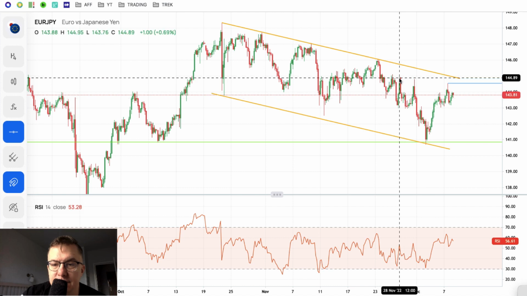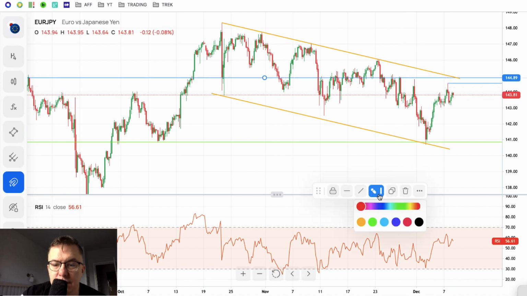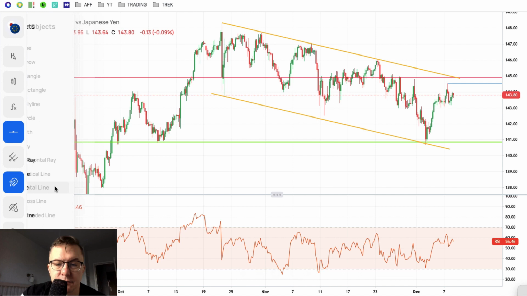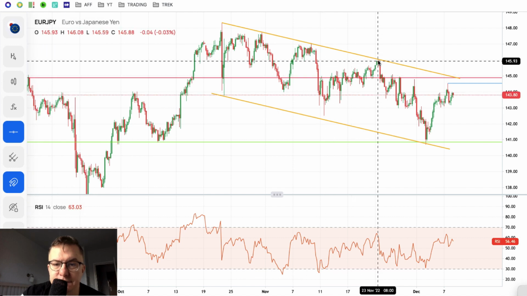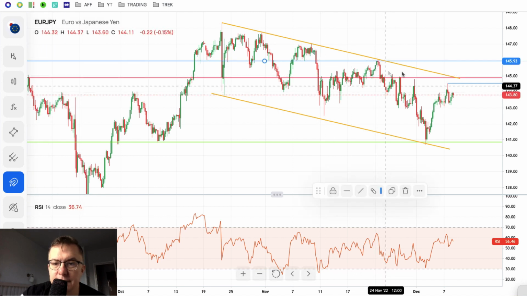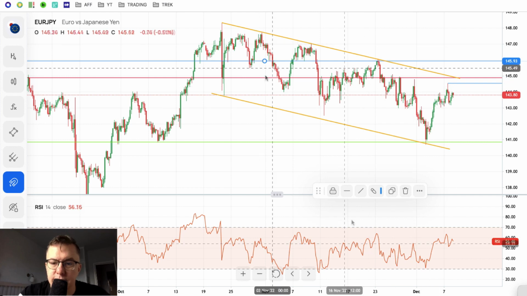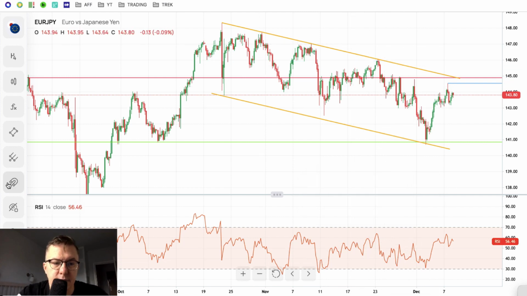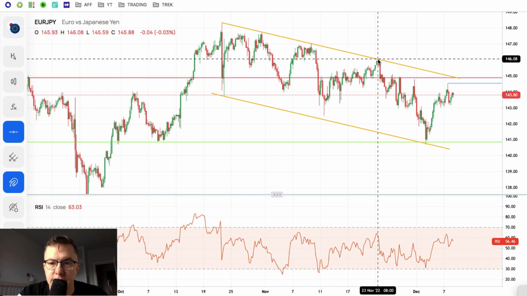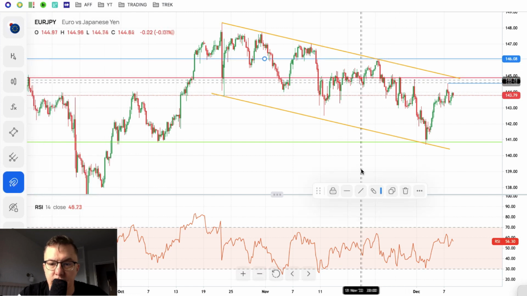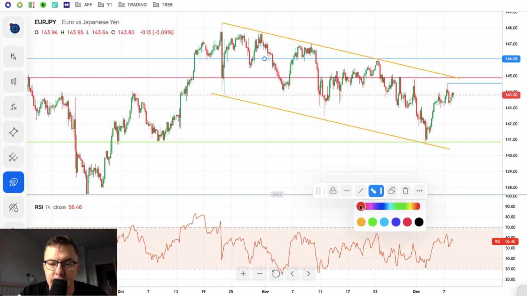Basically, I guess that might be one of the most important levels, 144.89 technical resistance. Okay, so the other one is, of course, this high here. Let me just remove it, because this thing doesn't actually work very well. What I want is this high, 146.08. That's the technical resistance as well.